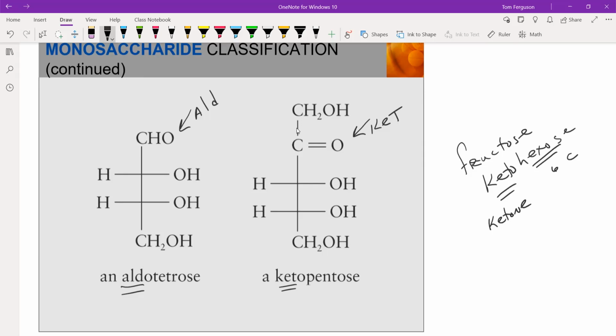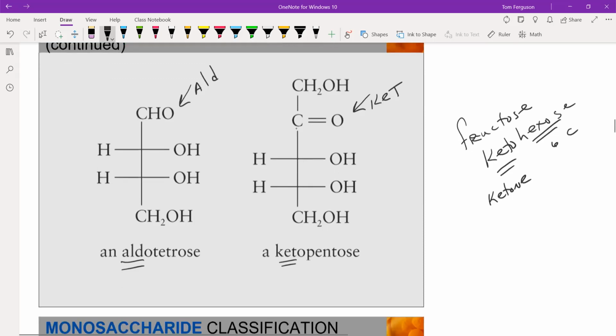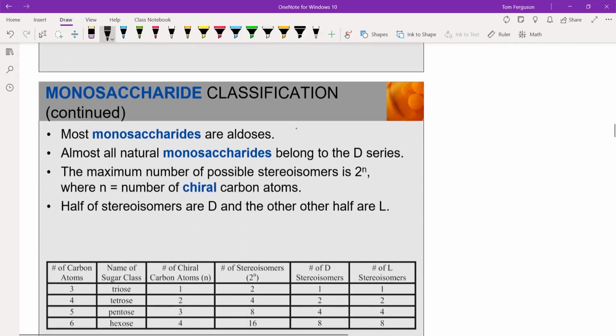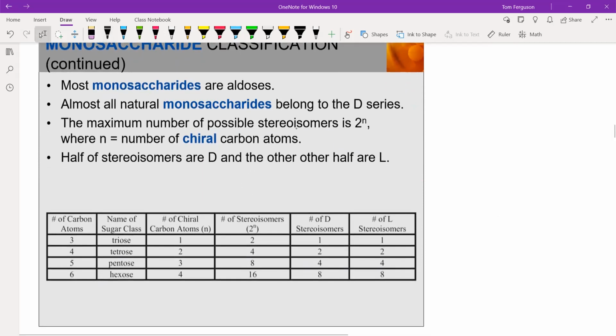Hexoses, 6 carbons. Pentoses, 5 carbons. Now, a big exception to this is fructose.